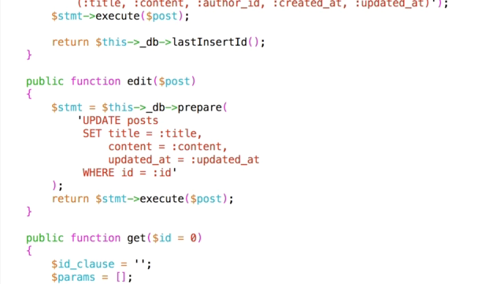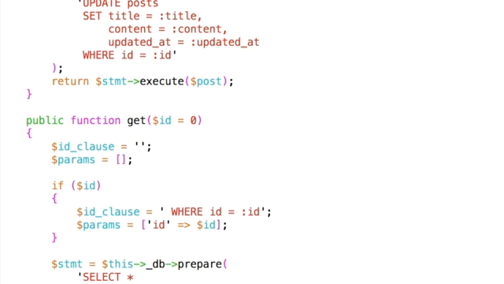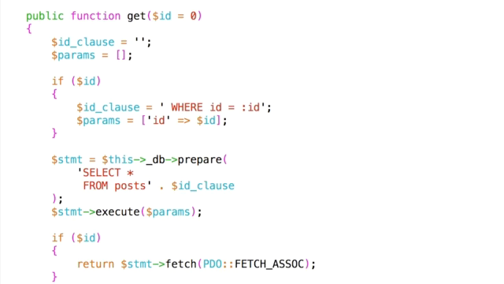Okay. This one is the get function, okay, whether you want to get a post or a set of posts, okay. If you want just one post, you need to send the ID. If you need all the posts, you need not pass anything in the argument, okay.